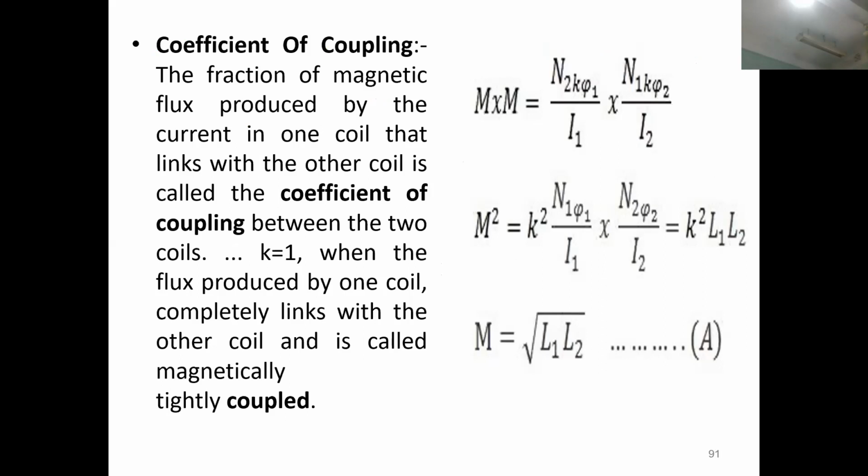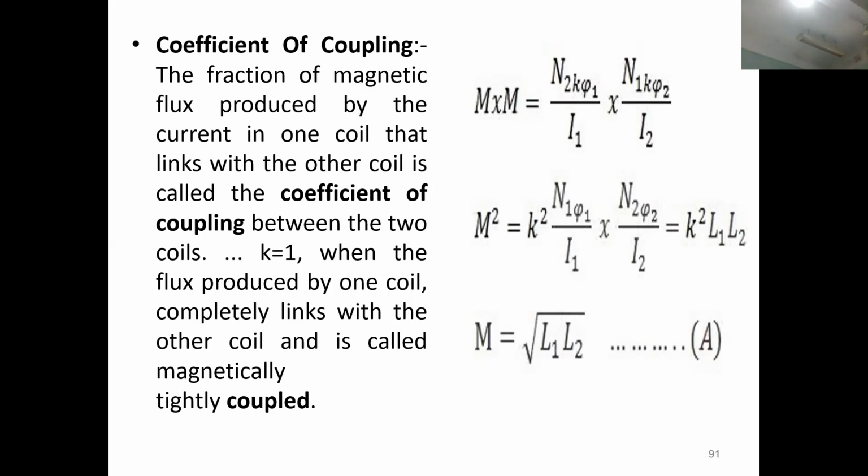Coefficient of coupling. The fraction of magnetic flux produced by the current in one coil that links with the other coil is called the coefficient of coupling between the two coils, where K is equal to 1 when the flux produced by one coil completely links with the other coil and is called magnetically tightly coupled.